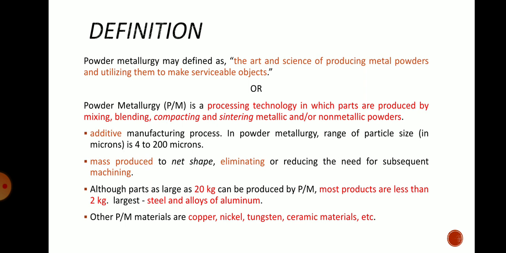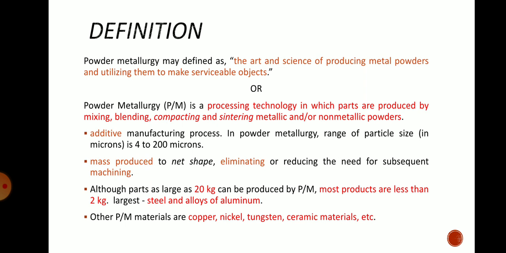Next, parts as large as 20 kg can be produced by powder metallurgy. So parts from 2 kg to 20 kg you can produce using powder metallurgy. Steel and steel alloys, and aluminum also.